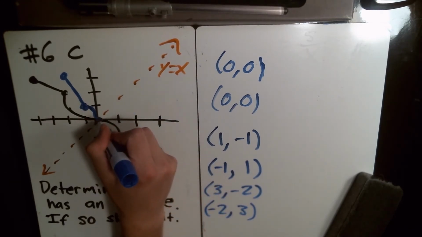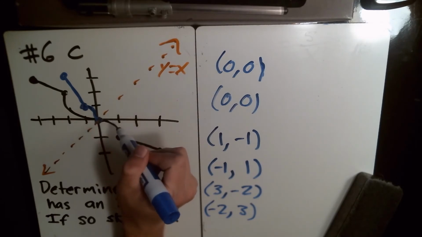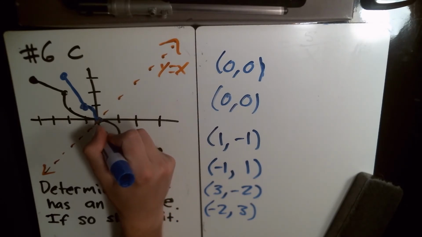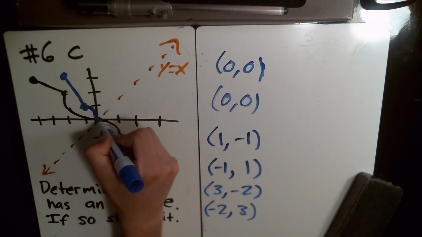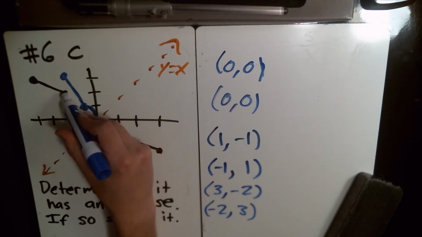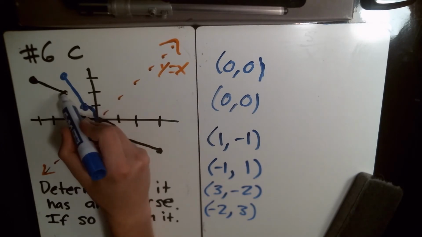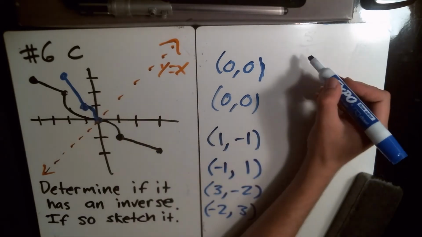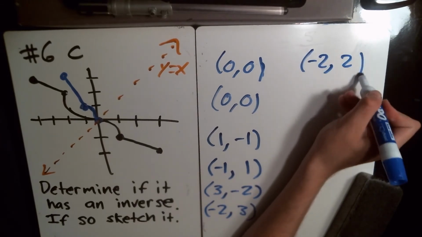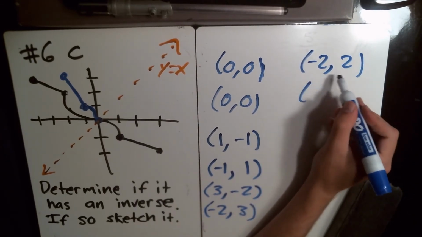Now for the other part, we get a very similar thing here. We're going to have the mirror image of this. So where do we end up here? This point here is at negative 2, positive 2. The inverse, we just flip these around, right?